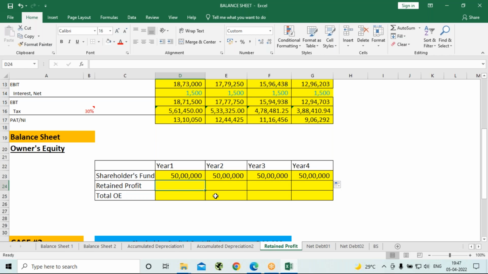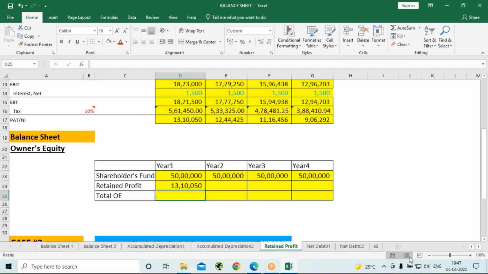So what is this retained profit? So from where we have to derive this retained profit? You have to connect it from the income statement, the net income value. So connect it. So the first year profit is 13,10,050 rupees.